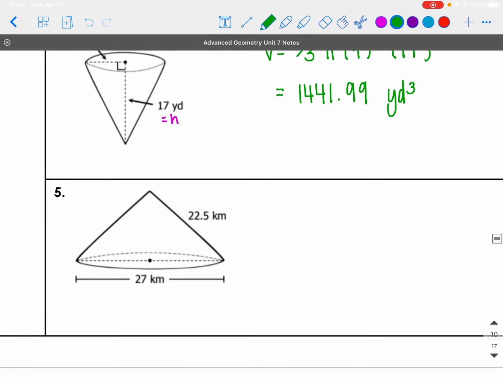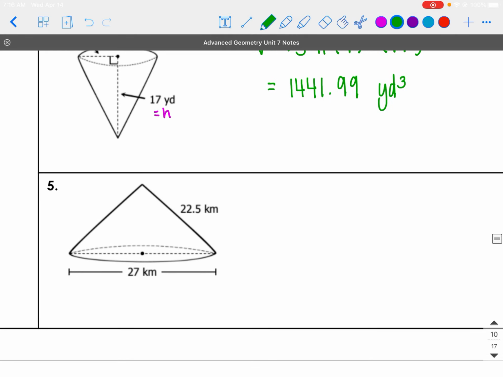Number 5, we are missing the height. The radius is 13.5, and we're missing the height. So we're going to use the Pythagorean theorem. a squared plus 13.5 squared equals 22.5 squared.